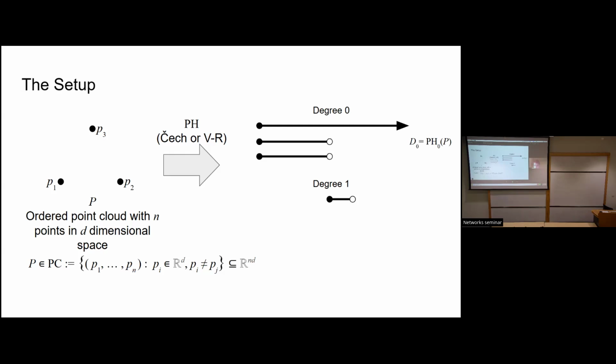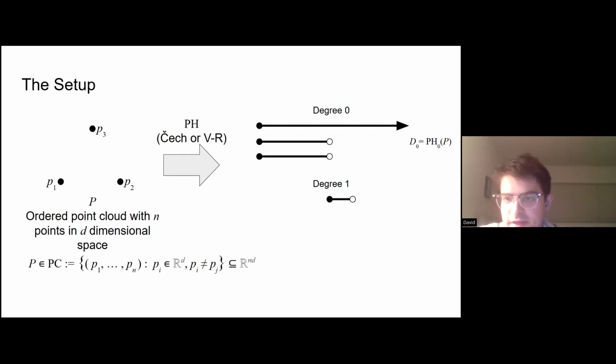So some other notation I'll use. I'll refer to the degree 0 collection of intervals as D0 or pH0 of P. The degree 1 intervals as D1 or pH1 of P. And I'll call the whole thing D or pH of P.